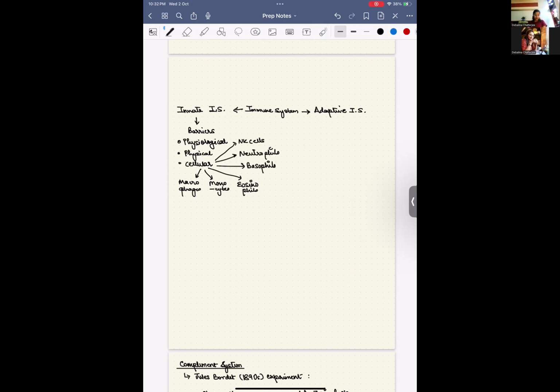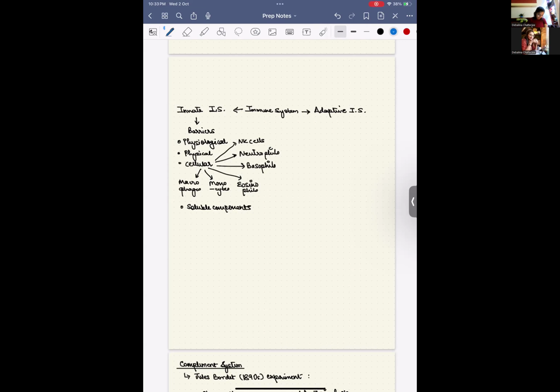Now, there were also some soluble components that we said can also form a defense. We have not discussed this, but in today's class, we will look at it.